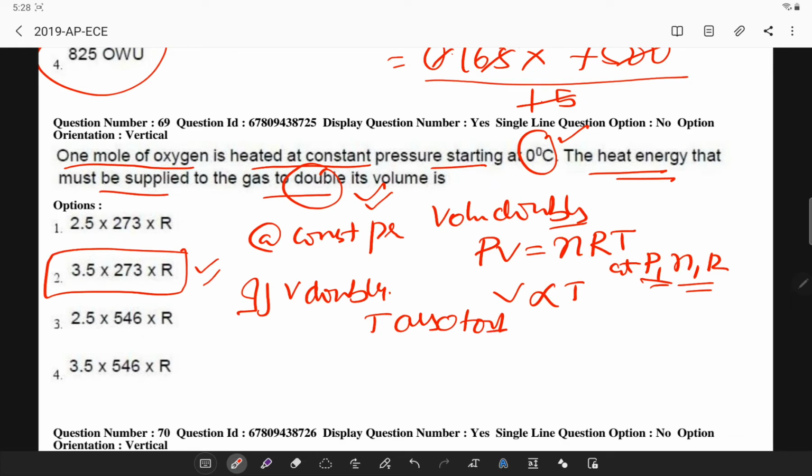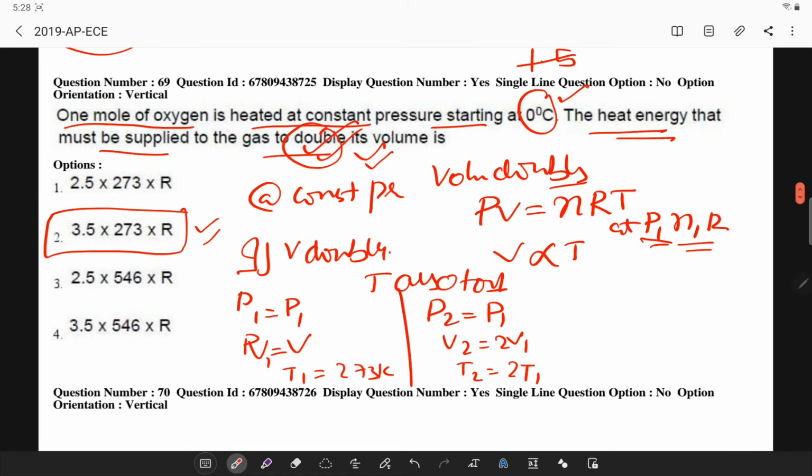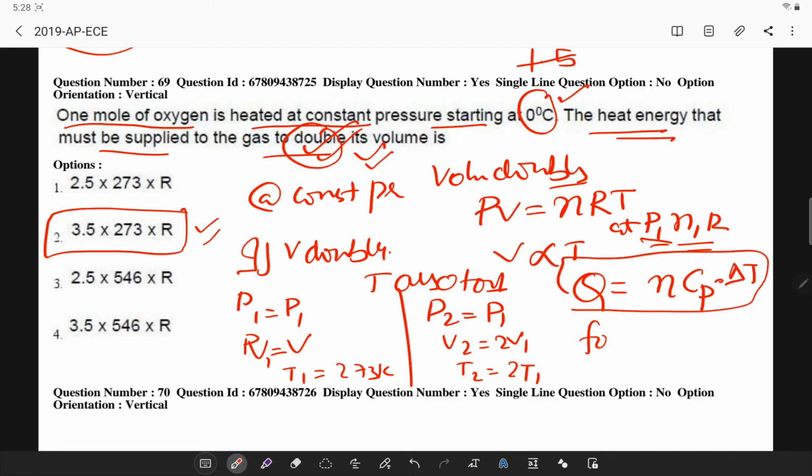So in the initial equation, first case, P1 is P and V1 is V and T1 is 273 K. In the next case, it is being doubled. So P2 is equal to P1, V2 is equal to 2V1, and T2 is equal to 2T1. Now what is the formula of heat energy? It is n into Cp into delta T. However, for oxygen, Cp is 7 by 2 into R. This is the standard formula we have to remember.